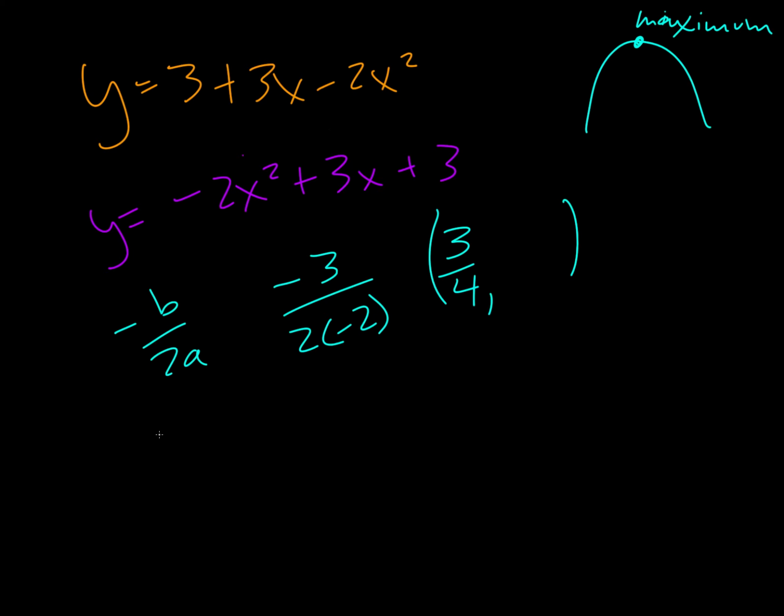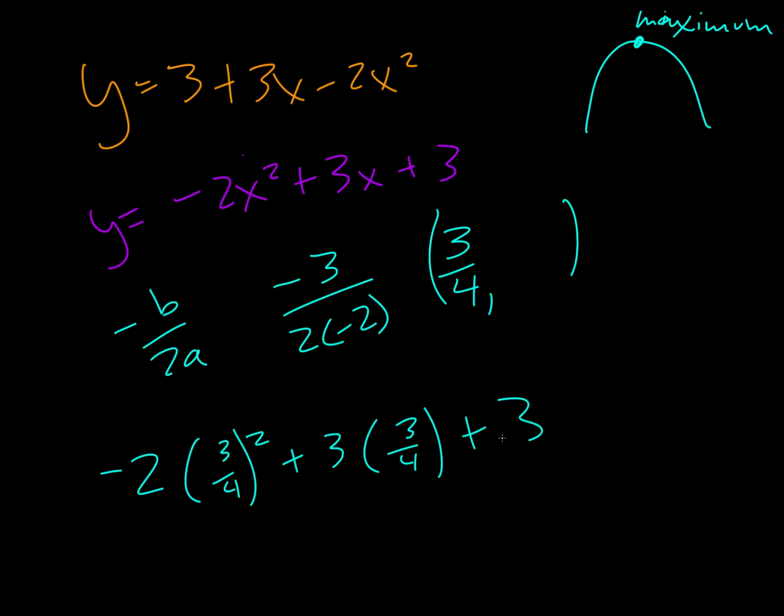Now, if we plug that in, we get negative 2 times 3/4 squared plus 3 times 3/4 plus 3. Okay, 3/4 squared is going to be 9/16. And then if we times that by 2, we can just cancel it with the bottom, like dividing the bottom by 2.